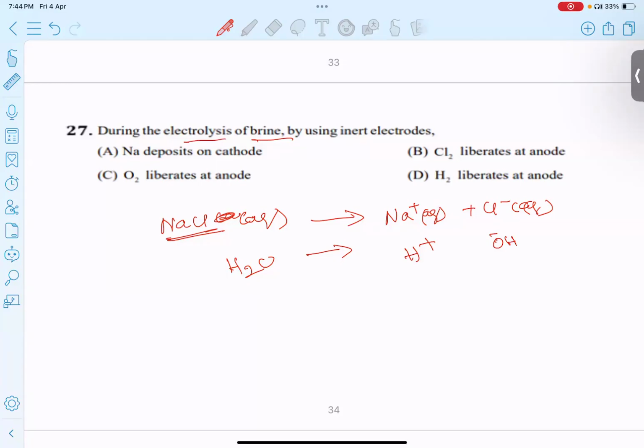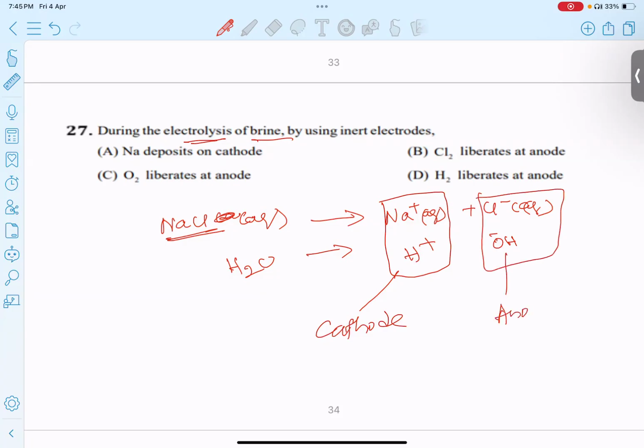During electrolysis, cations move towards the cathode, so both sodium ion and H plus ion move towards the cathode, and anions move towards the anode. The cathode undergoes reduction, the anode undergoes oxidation. At the cathode, for reduction there is a competition between two ions, Na plus ion and H plus ion.